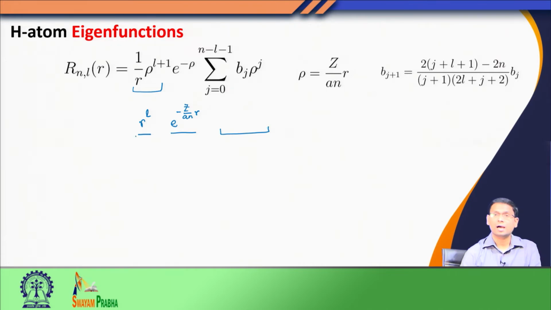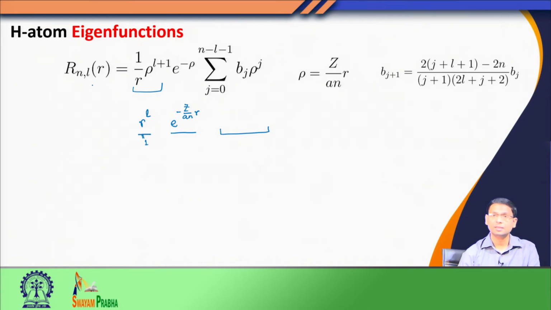Let us first look at r to the power L. When L is 0, this term becomes 1. For all other values of L, when L is 1 or 2 or 3, I have r, r square or r cube kind of term. When we have r to the power 0, a constant, then when the value of r becomes 0, the radial function does not become 0.